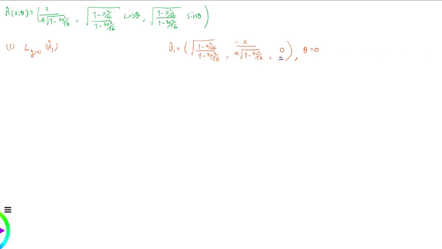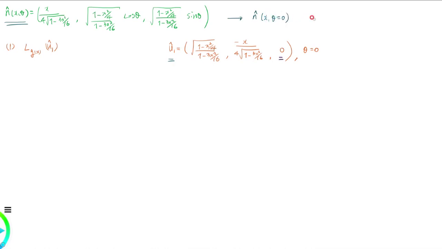So in this case, the change of unit normal vector field along this direction is irrelevant to theta.